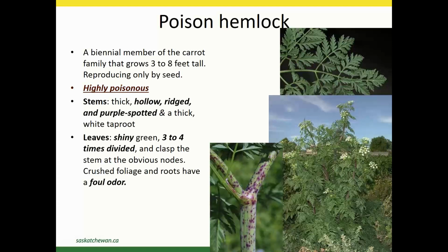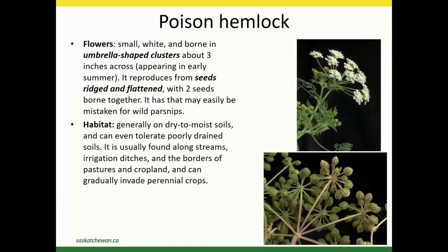The leaves are shiny. They're 3 to 4 times divided, very much like a carrot leaf, but distinctive in that they are shiny on the upper surface. If you injure the plant, it has a foul odor, similar to the European buckthorn. No, European. Anyway, never mind.